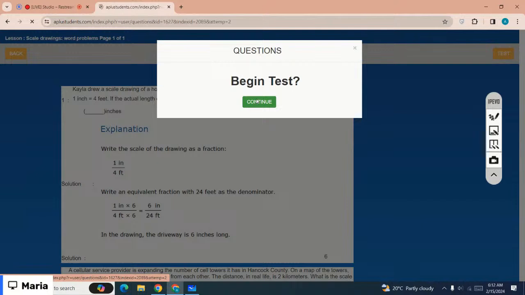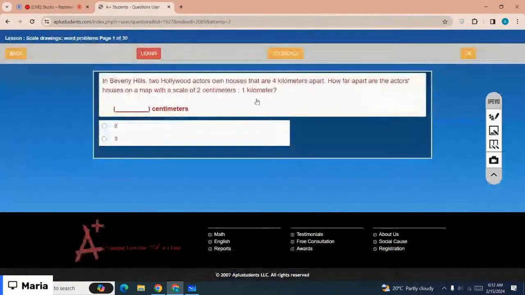In Beverly Hills, two Hollywood actors own houses that are 4 kilometers apart. How far apart are the actors' houses on a map with a scale of 2 centimeters to 1 kilometer?